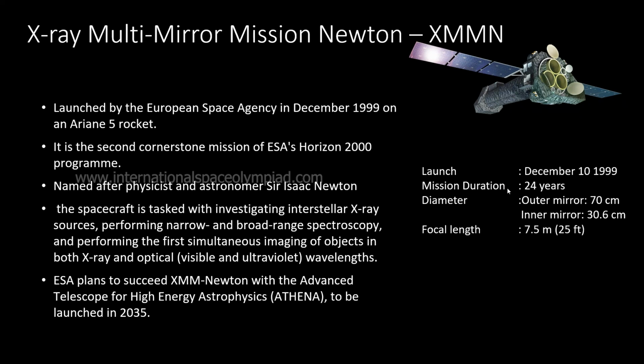This is also still running, almost the age of the Chandra X-ray Observatory, and it is a multi-mirror telescope in the sense that you can see here it has one, two, three X-ray telescopes, but each of them is not that big. The outer ring mirror diameter is 70 centimeters, and there are three of them. That is why it is called a multi-mirror mission.